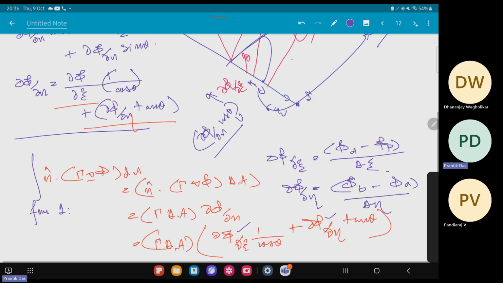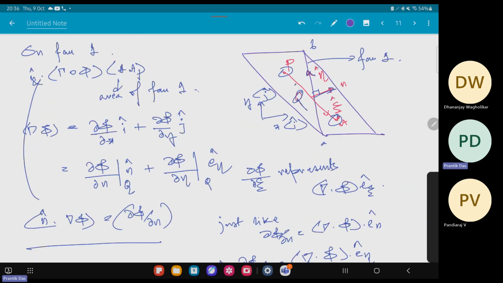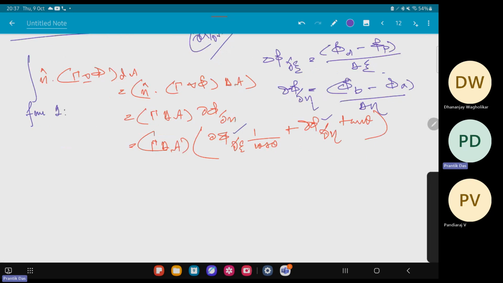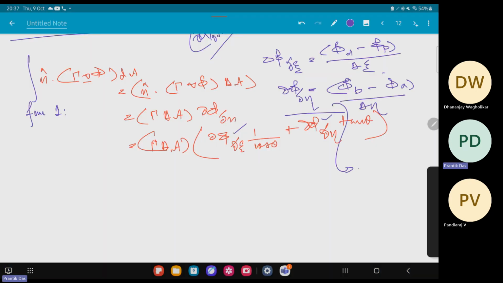Since we already know from the previous case that zeta is along this PA direction and eta is along this small b direction, that's why it is phi P minus phi A divided by delta zeta, and this is phi A minus phi B divided by delta eta. So that's why the derivatives are being expressed in that manner. If we see this, these are basically second order accurate discretization, central difference, second order accurate.